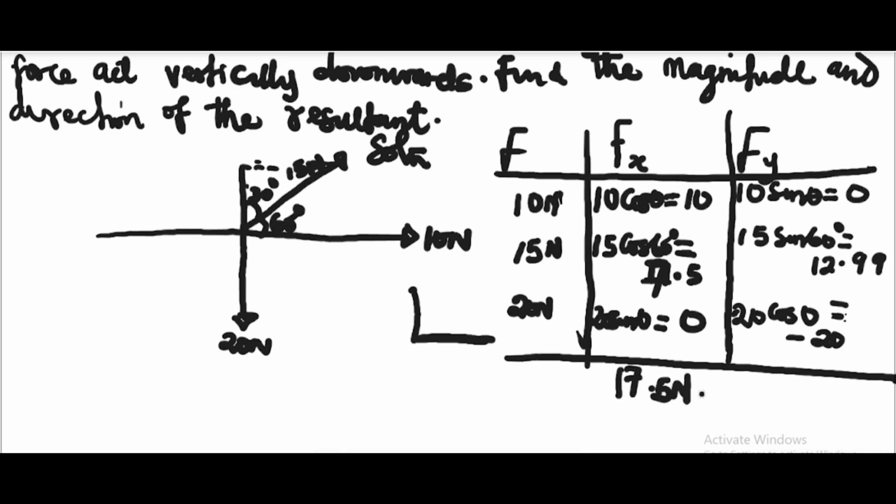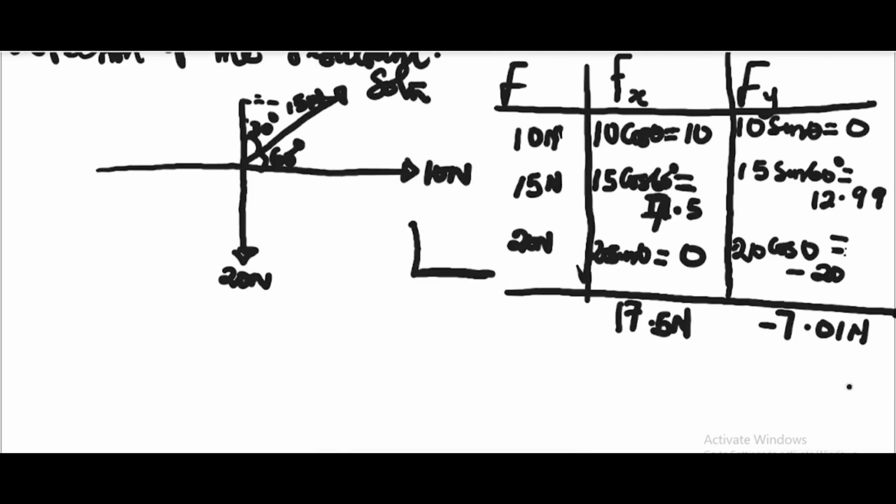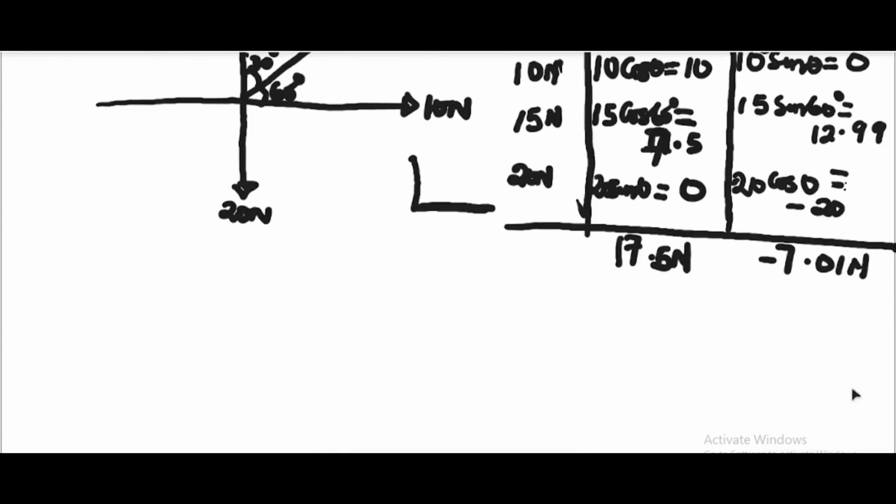And then I have 12.99 minus 20. That will give me minus 7.01 Newton.